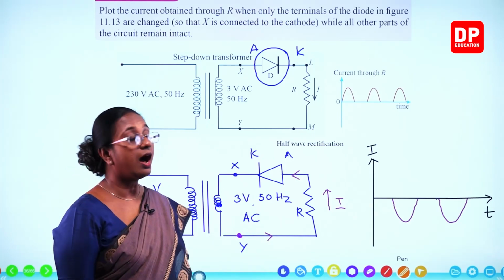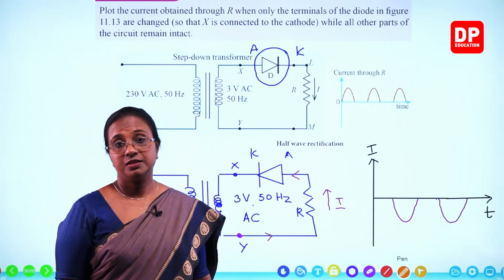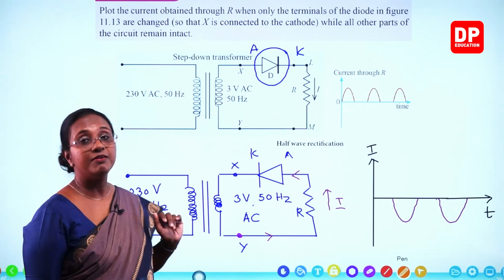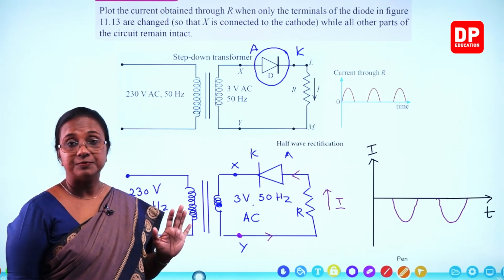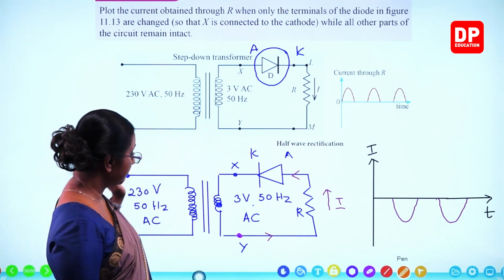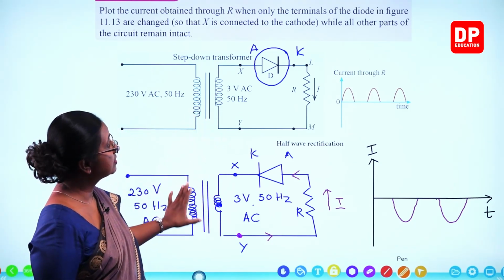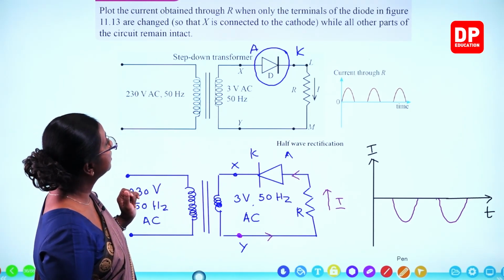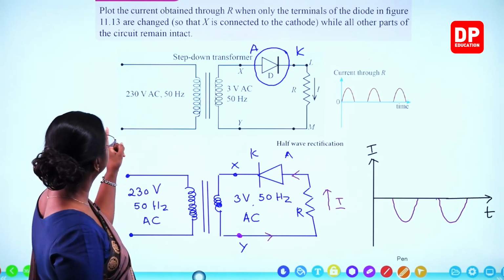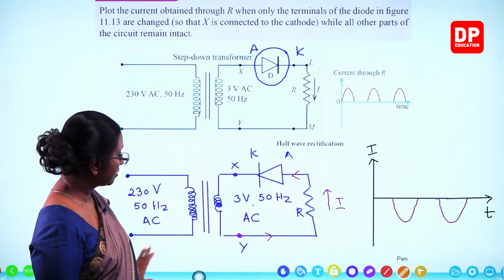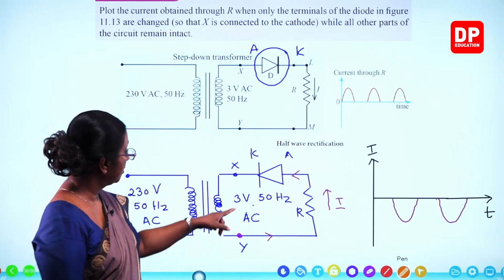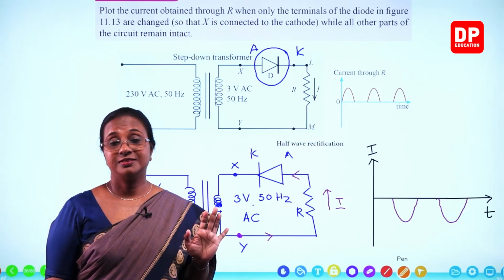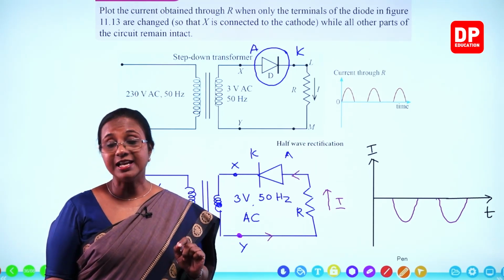Both represent half-wave rectification, not full-wave rectification. Is that clear? So this is what we discussed before. This is what we were supposed to do. So that X is connected to the cathode while all other parts of the circuit remain intact. So the rest of the circuit is the same. Only the diode has changed. Is that clear, students? So I am sure you all can understand that.